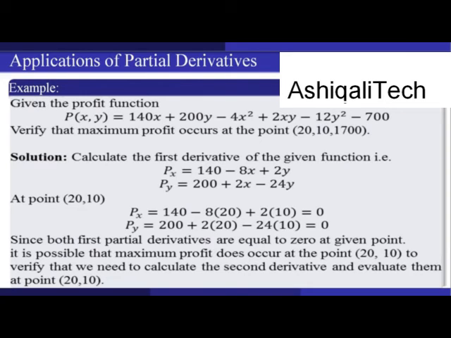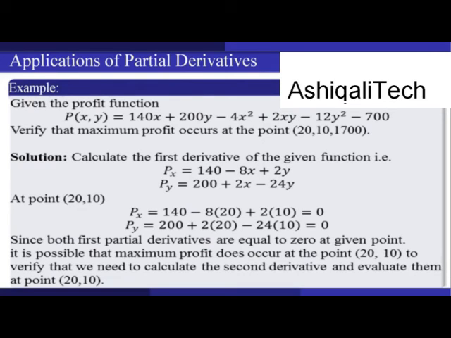Now at the point (20,10), we see that the partial derivative with respect to x, p_x, is given by 140 minus 8 times 20 plus 2 times 10 and it is equal to 0. Similarly, partial derivative with respect to y, p_y, is 200 plus 2 times 20 minus 24 times 10 and it is equal to 0.